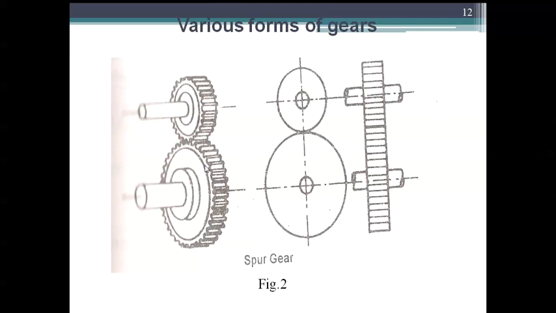In internal gearing, both have the same direction of rotation, whereas external gearing has opposite direction rotation.